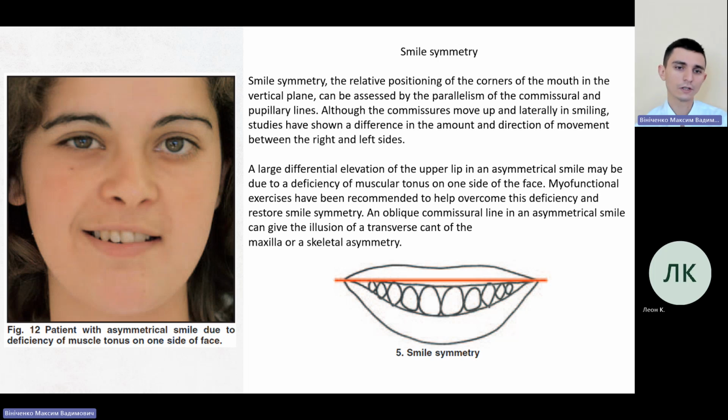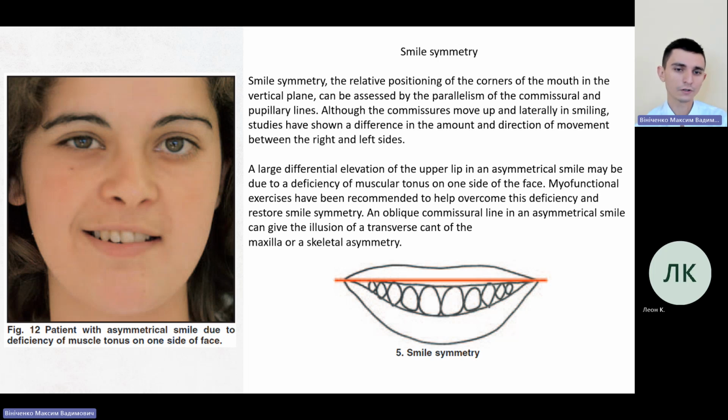A large differential elevation of the upper lip in an asymmetrical smile may be due to a deficiency of muscular tonus on one side of the face. Mimic functional exercises have been recommended to help overcome this deficiency and restore smile symmetry.